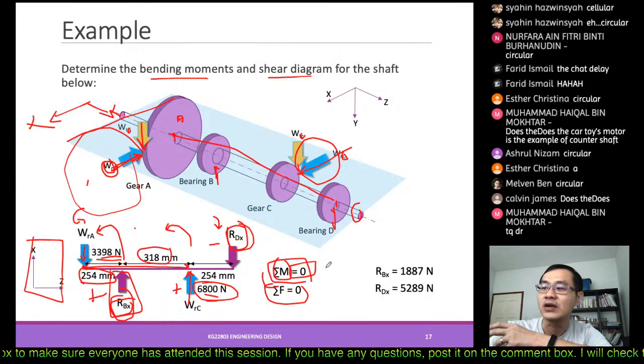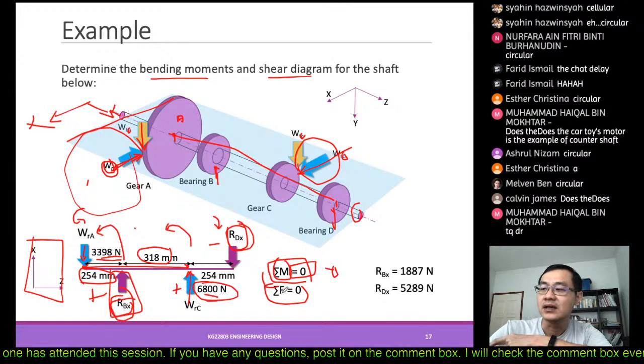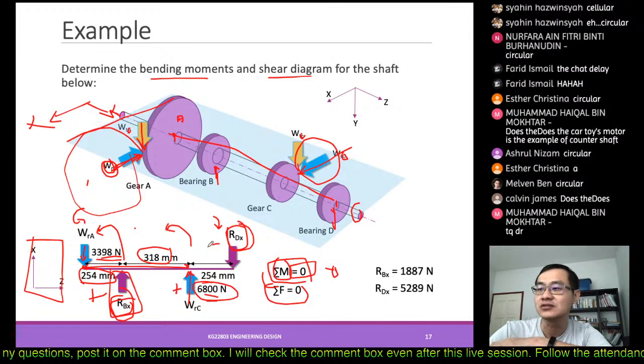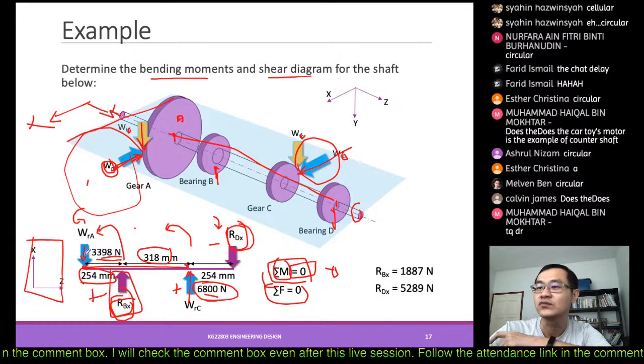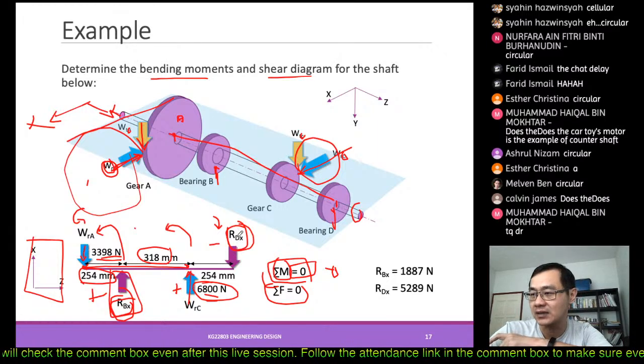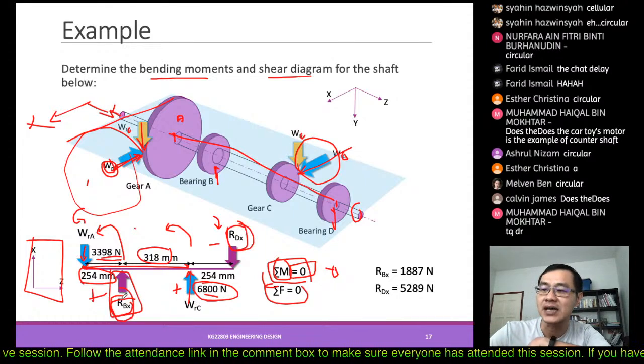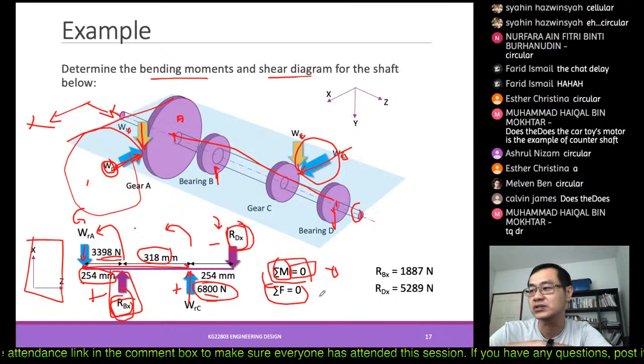So we have the summation of moment at point A equal to 0. Then we have one equation, and we can also form the second equation: total forces should equal 0. So we have WRA plus RDX minus WRC minus RBX equals 0.